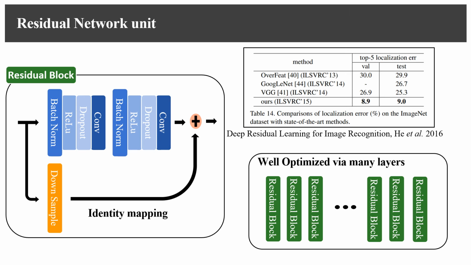When a model is designed with deep layers, its optimization could be difficult. The residual network unit can resolve this issue via identity mapping. As shown in the left figure, downsampling with CNN can implement the identity mapping.